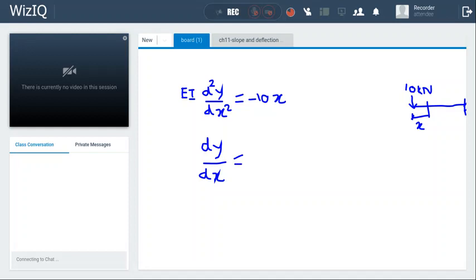We will have here 1 upon EI, and in this bracket you will have minus 10 x square upon 2, plus a constant of integration.